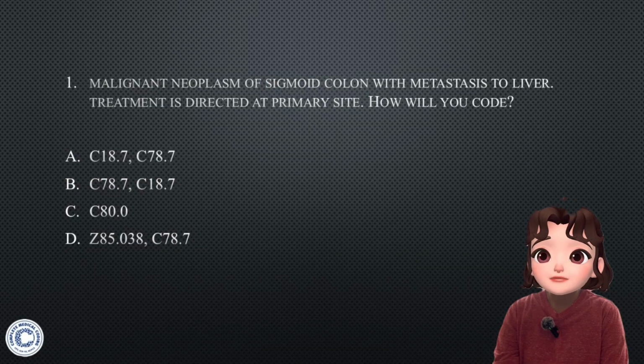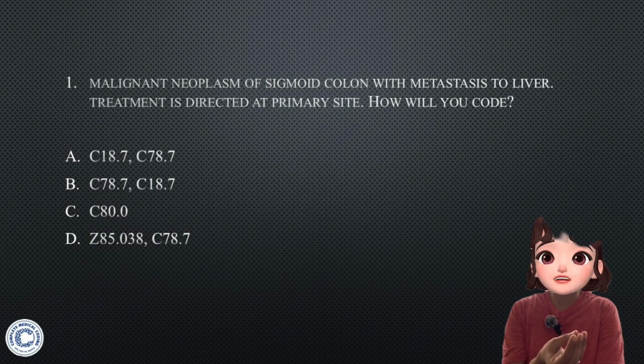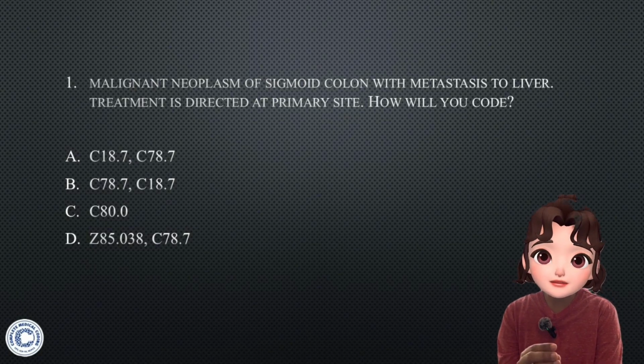So what exactly do we need to code here? Malignant neoplasm of sigmoid colon, with metastasis to liver. It means it is spreading to the liver. But which is the primary site here? The main site which we need to code is sigmoid colon, right?